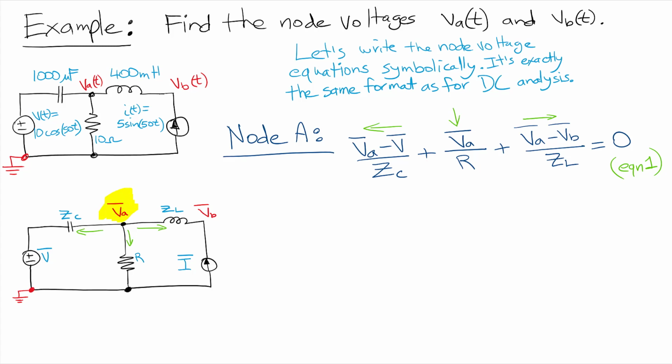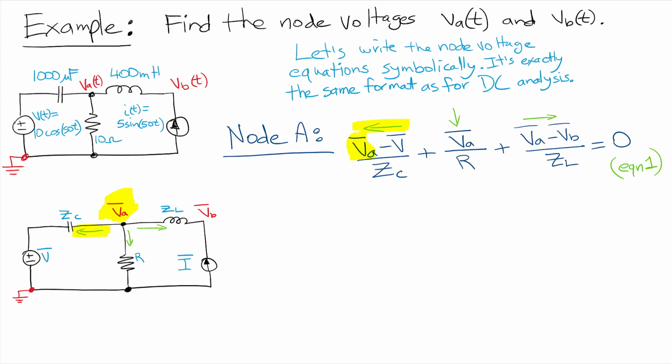Okay, so now when we're doing node voltage, right, we write the node voltage equation in terms of the currents flowing out from the node that we're on. So let's look at this current flowing to the left. Okay, so that's denoted by my equation here, flowing to the left. Now with node voltage analysis, we always start with the voltage that we're on at the node as a term on the left-hand side in our numerator, VA.